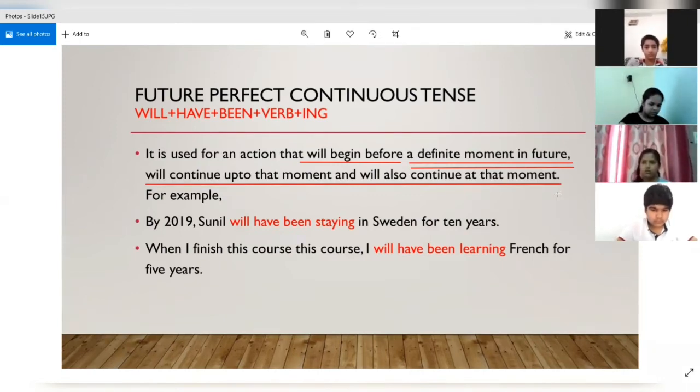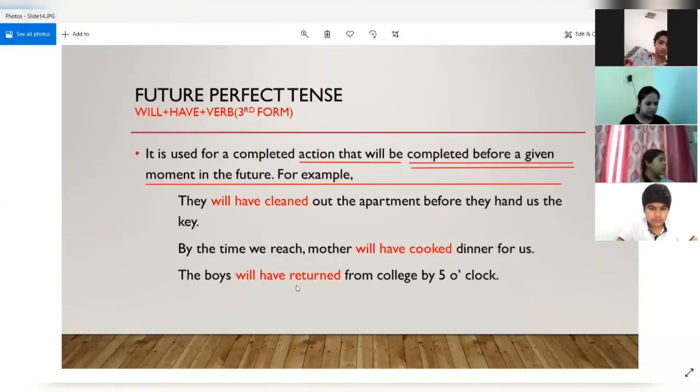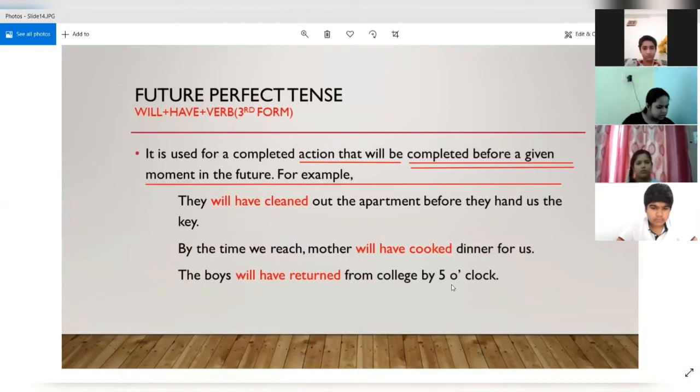And in the perfect tense, the action was already completed before that moment, right? Because if we go back to the last slide, wait. Yes, see, by 5 o'clock, what was happening? By 5 o'clock, the boys had already returned. So the action was already completed by that time.